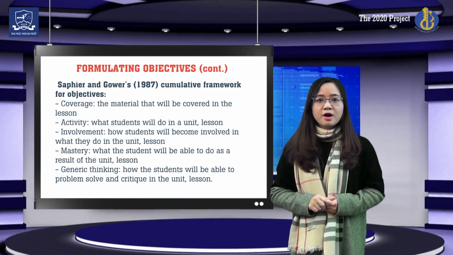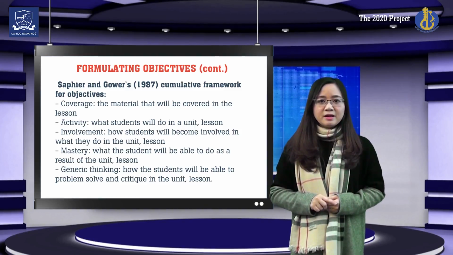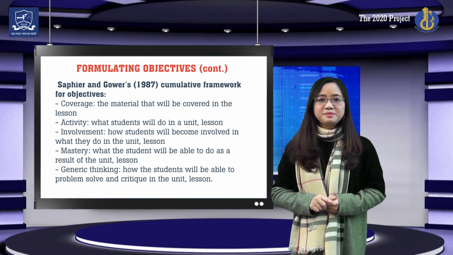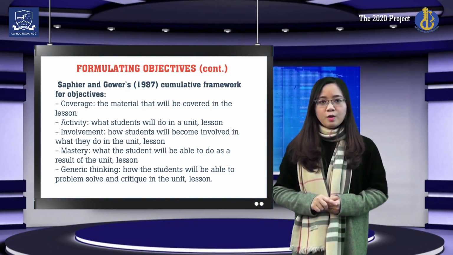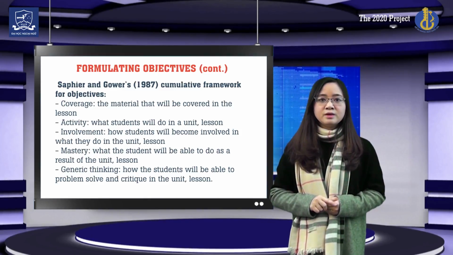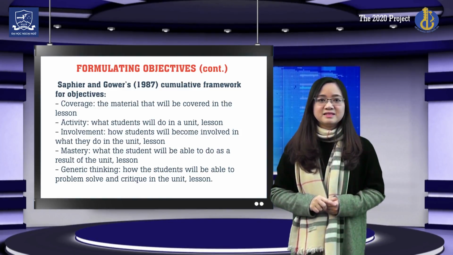Involvement objectives describe how the students will become engaged in working with the material. For example, make up their own comprehension question about reading and give to peers to answer. Mastery objectives, also called learning objectives, describe what the learners will be able to do as a result of a given class or activity.